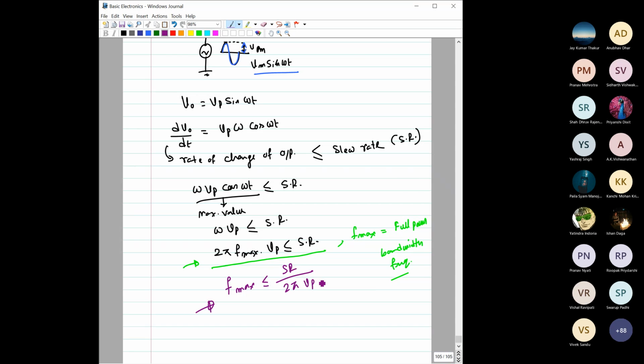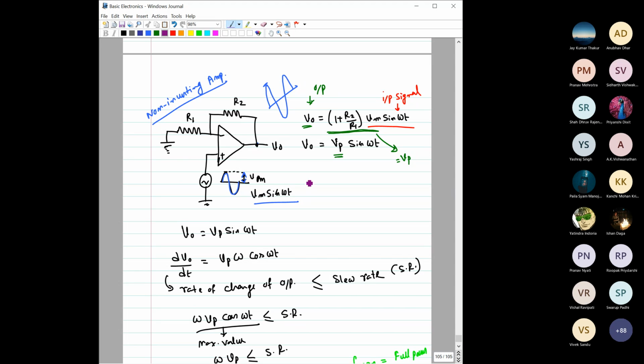But remember, this Vp is equal to 1 plus R2 by R1 into Vm. This is for a non-inverting amplifier. If it is some other amplifier, you have to remember the value of Vp, because this gain will change depending on which type of amplifier you are using.